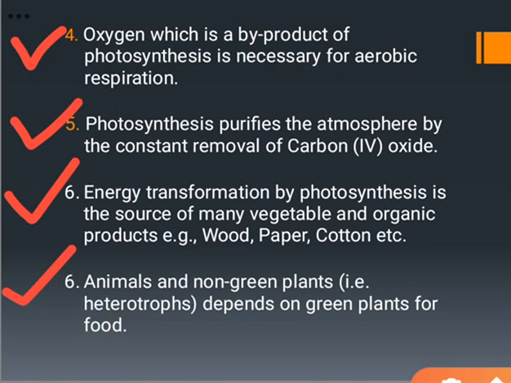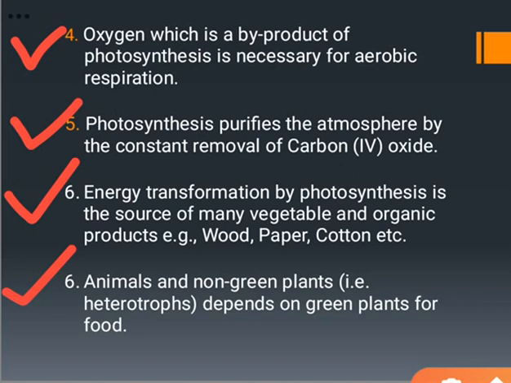These are the importance of photosynthesis. In other words, photosynthesis is a process that helps all living organisms to survive, and it takes place particularly in the leaves of green plants. The organ of the plant involved in photosynthesis is the leaf, and the part of the cell of plants that carries out photosynthesis is the chloroplast, which contains chlorophyll.